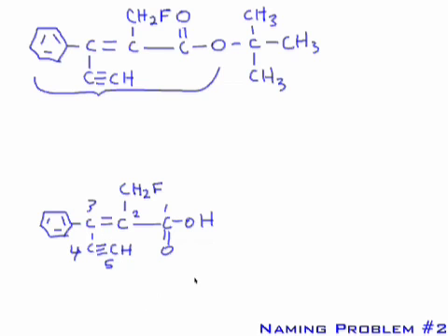And the triple bond makes it a pentenynoic acid. In other words, I've got a pent-2-ene-4-yne-oic acid. Pent-2-ene-4-yne-oic acid.